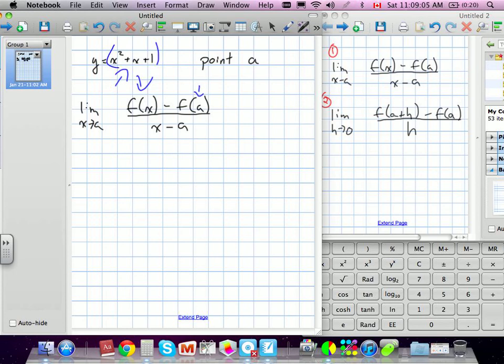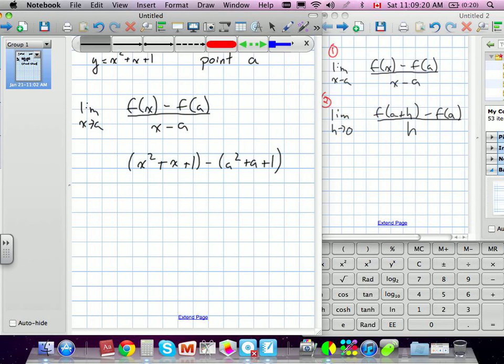So we have, in brackets, x squared plus x plus 1 subtracting a squared plus a plus 1, all divided by x minus a.